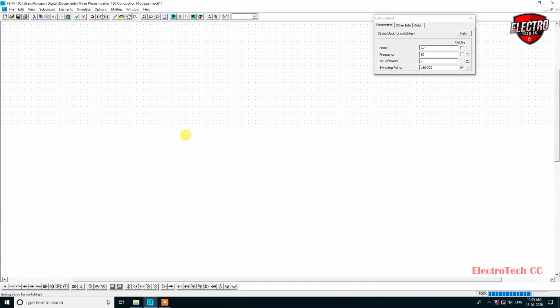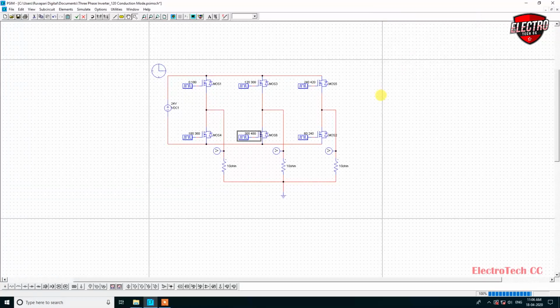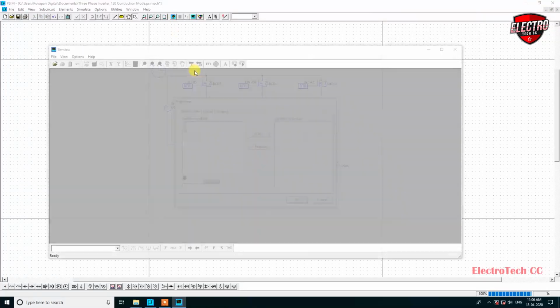So I am changing the conduction angle of each gate triggering circuit, and it is ready. So let us run and check the phase voltage of each branch.